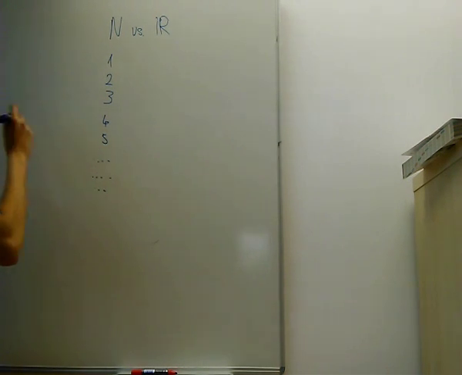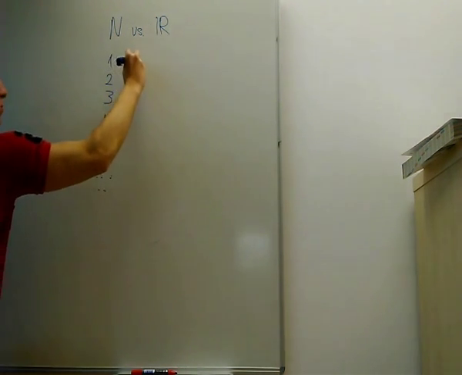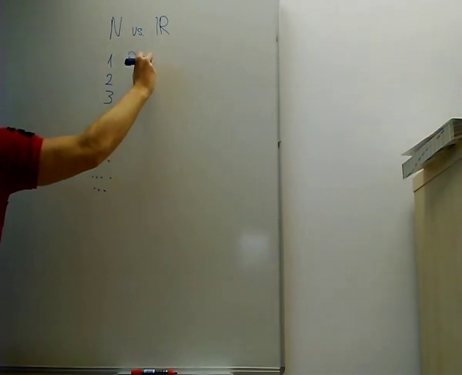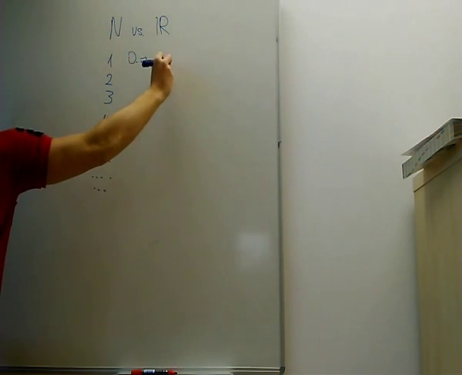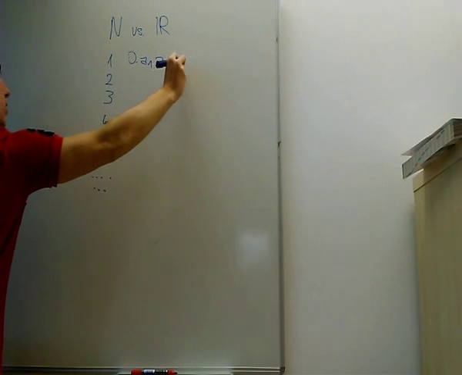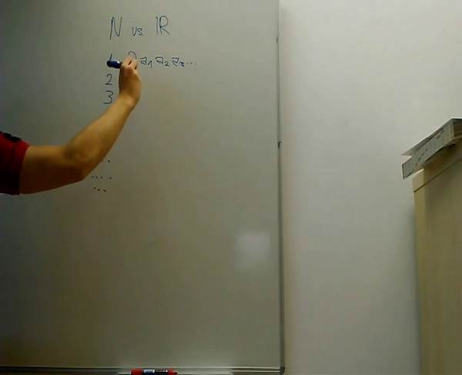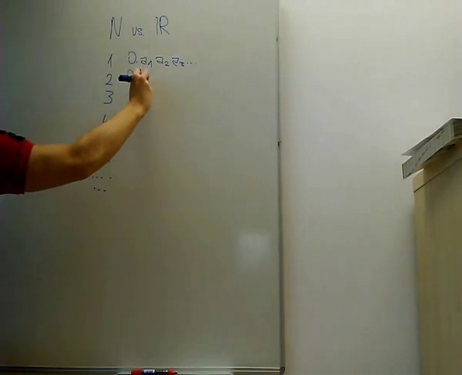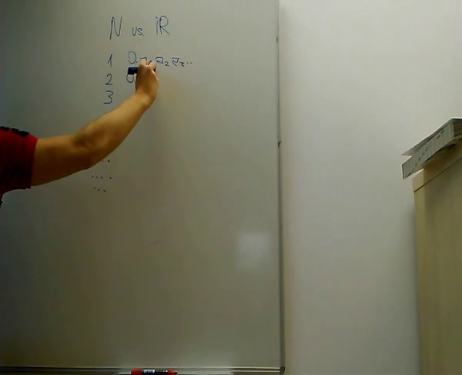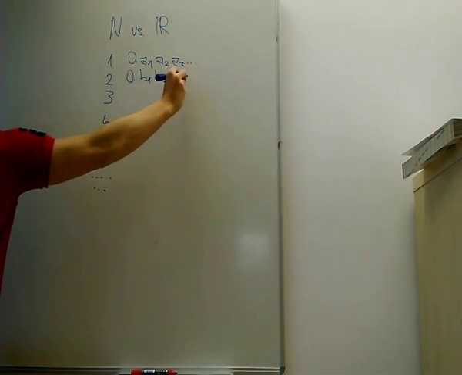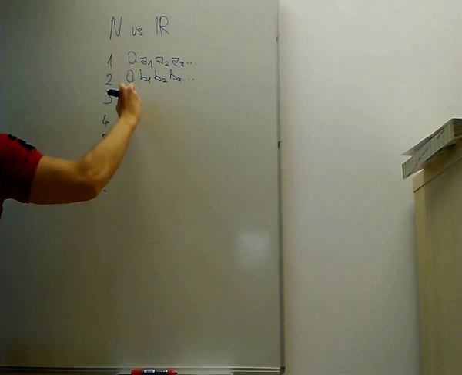So next to 1 I will write 0 point and then denote decimal digits as A1, A2, A3 and so on. Next to 2 I will write the number 0 point and then again denote decimal digits B1, B2, B3 and so on. The same for 3, 4 and I can carry on with this.